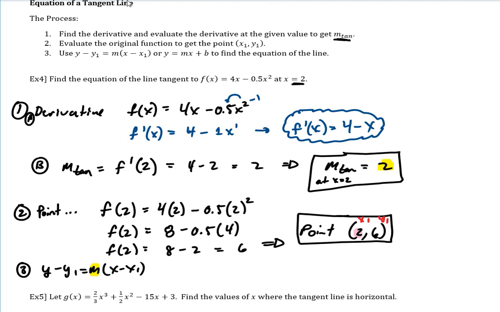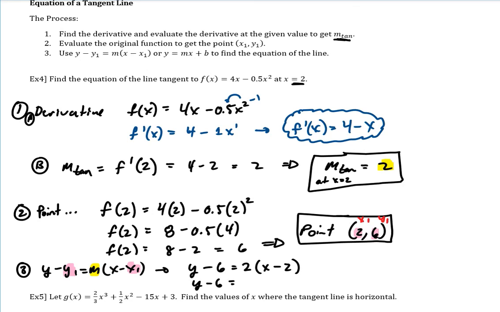Then our x1 goes here, and our y1 goes here. Just make sure you're careful and put those in the right spot. So y minus 6 equals 2 times x minus 2. And then we'll simplify.